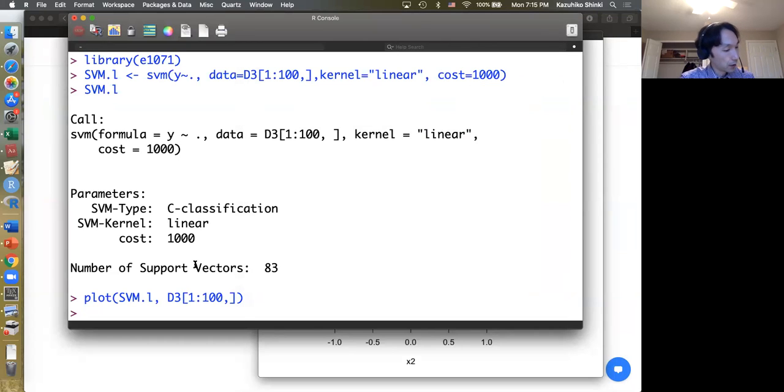So if you make a table for this, we can do the fitted value, the predict SVM L on the original data set 1 to 100.